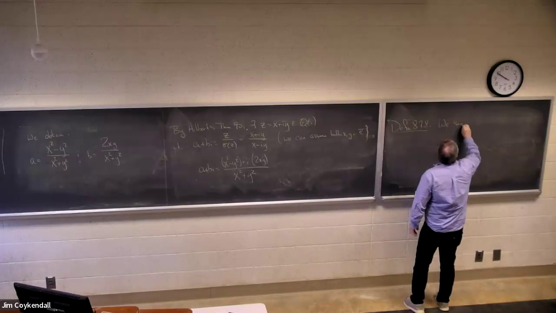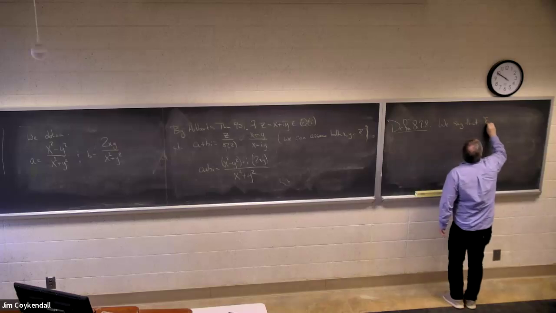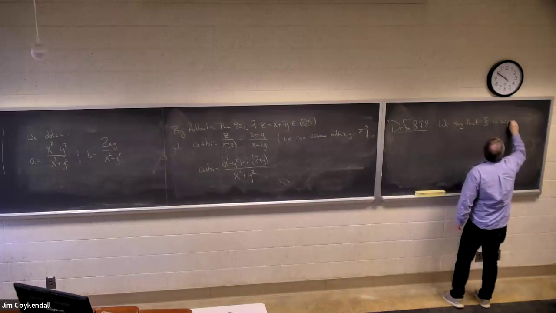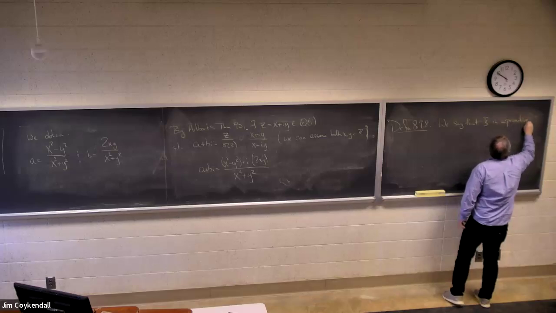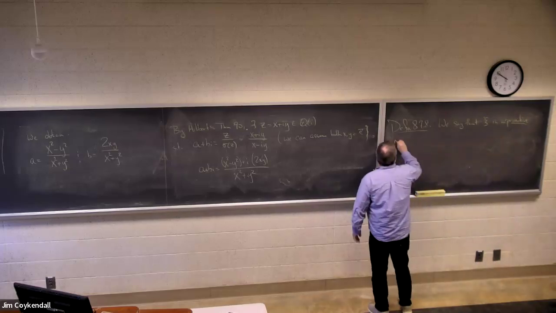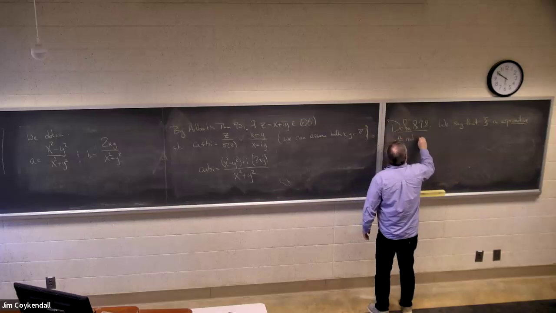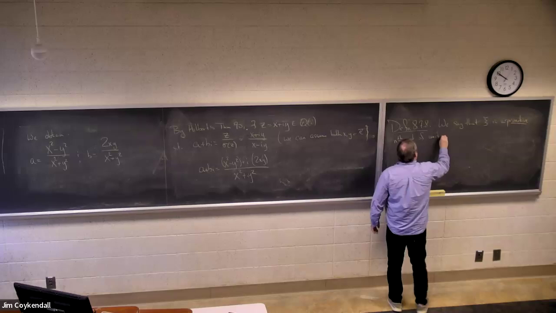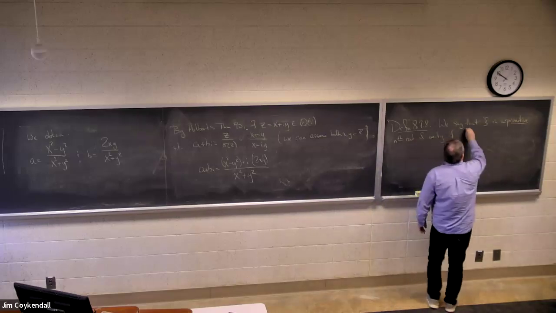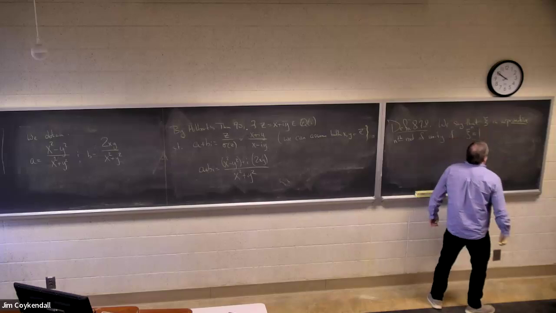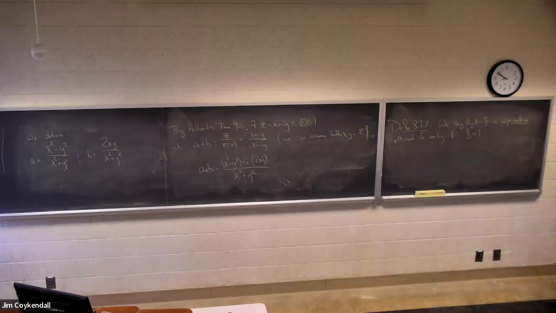We say that a primitive nth root of unity is an element whose nth power is 1. What does primitive mean? Right, no lower power.